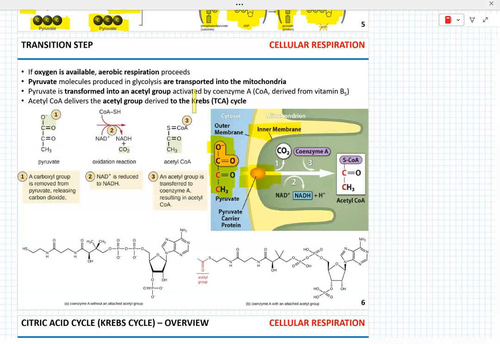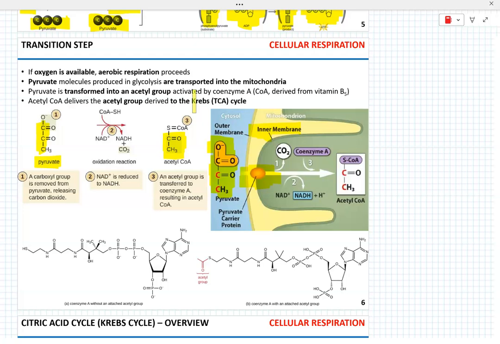Within the matrix, pyruvate, this 3-carbon intermediate, is oxidized to acetyl-CoA, which contains 2 carbons originating in the original glucose molecule.